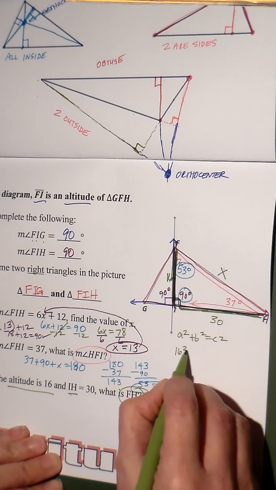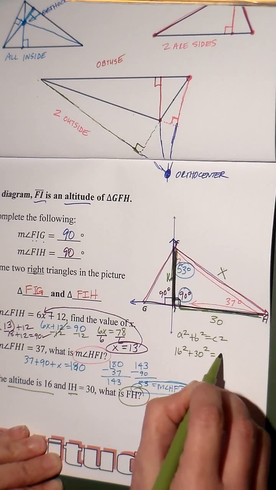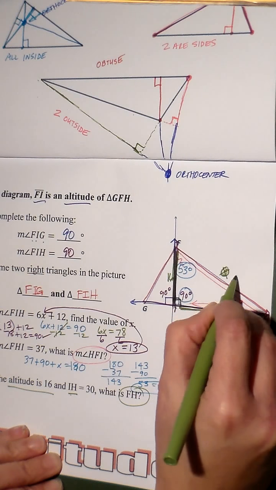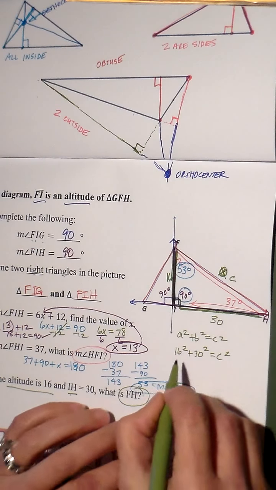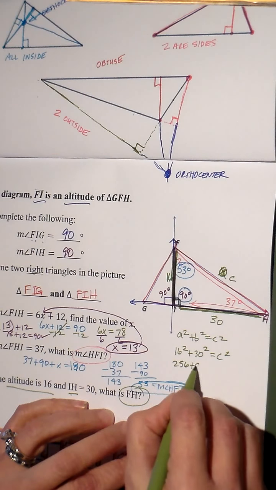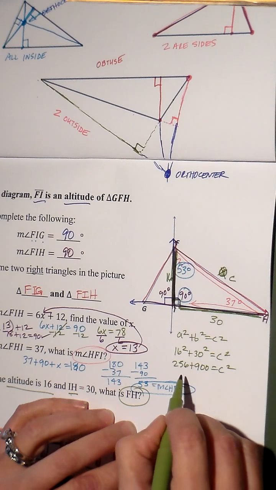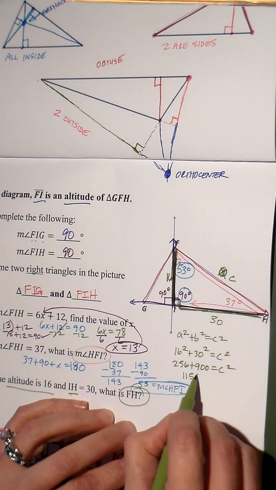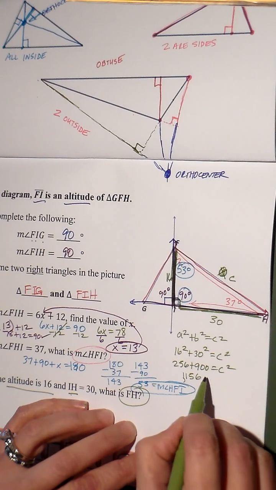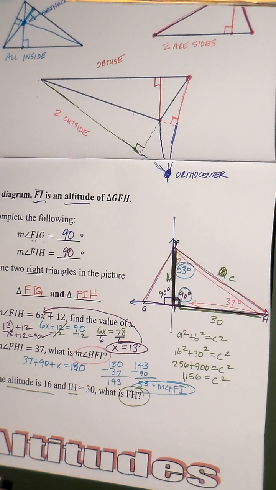So 16 squared plus 30 squared equals c squared. I'll just call this c. 16 squared is 256, 30 squared is 900. 256 plus 900 is 1,156 equals c squared.